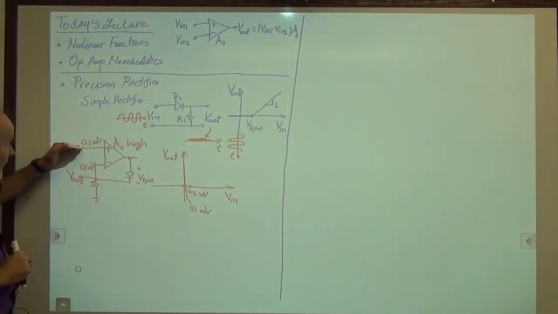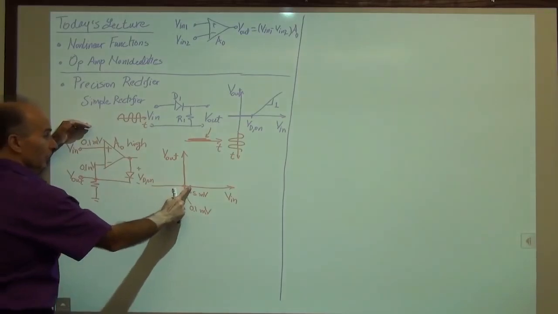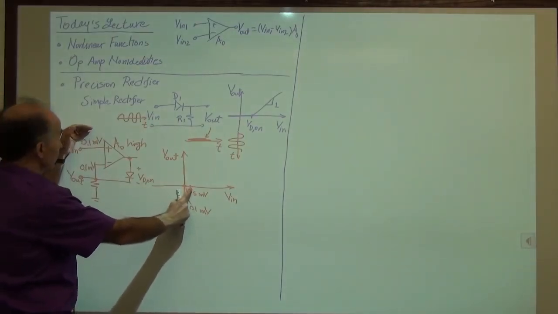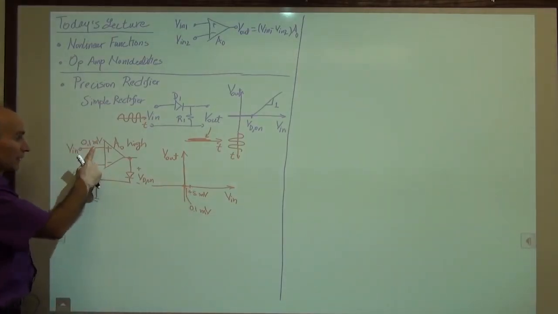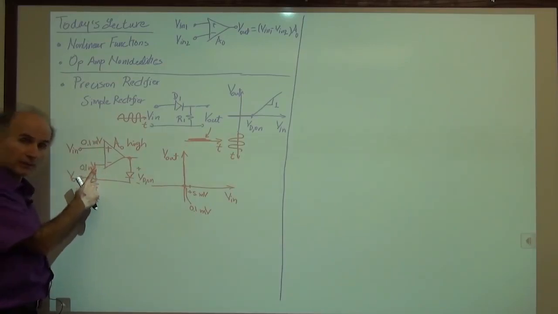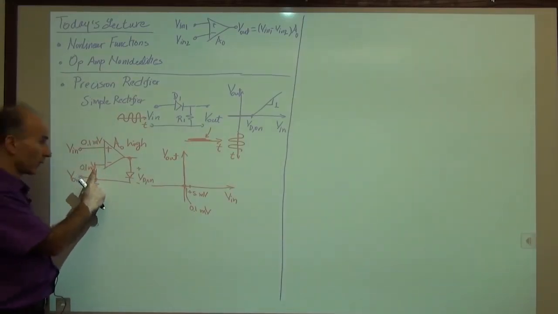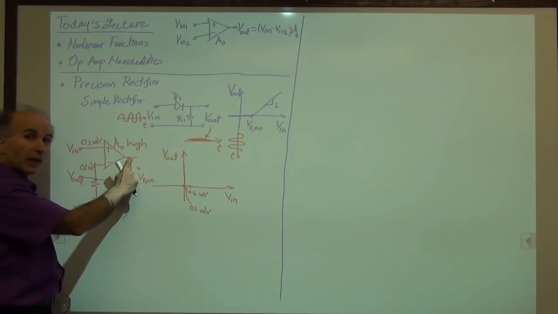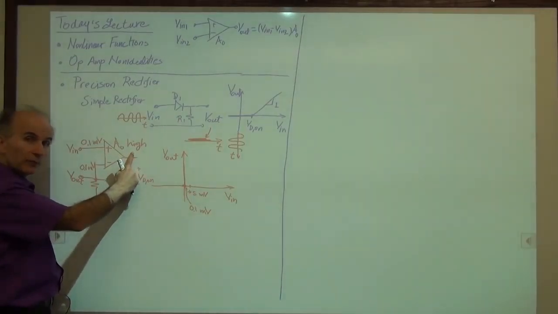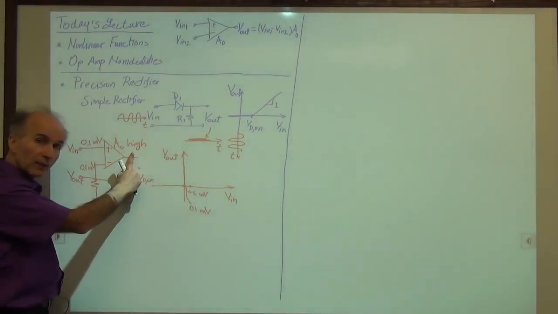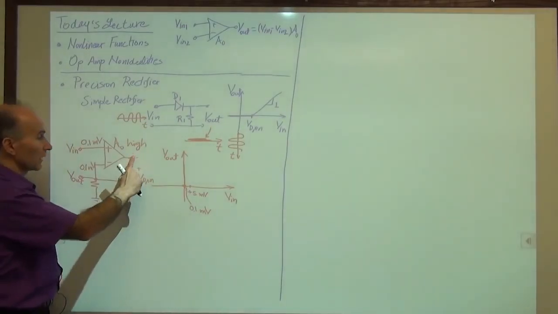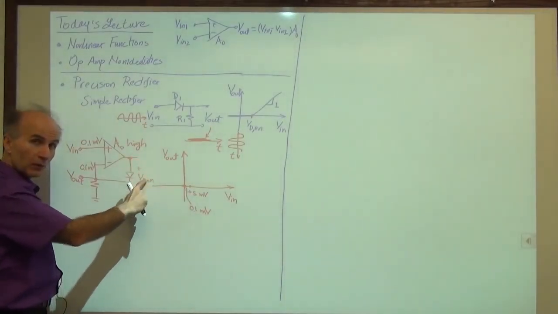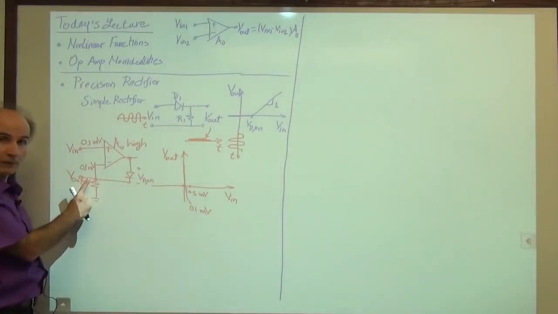Now, if we keep increasing V in, if we go to plus 5 millivolts, what happens? Well, at plus 5 millivolts, if this is plus 5 millivolts, this should also be approximately plus 5 millivolts. So now this has gone up to a value equal to VD on plus 5 millivolts. So here we have VD on plus 5 millivolts, we lose VD on, and we get 5 millivolts.